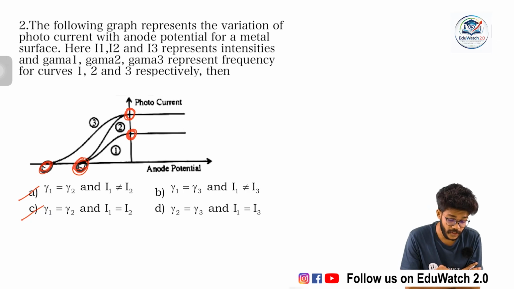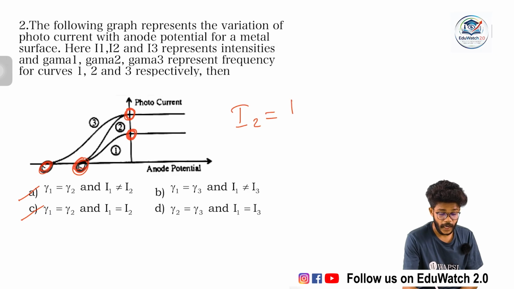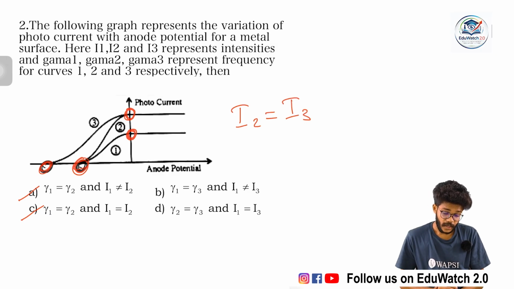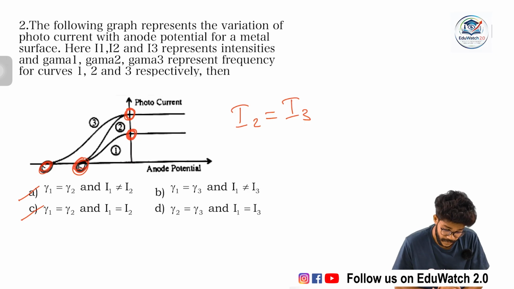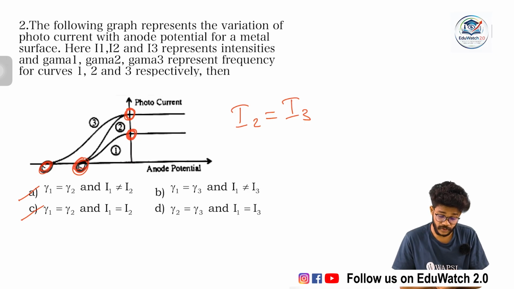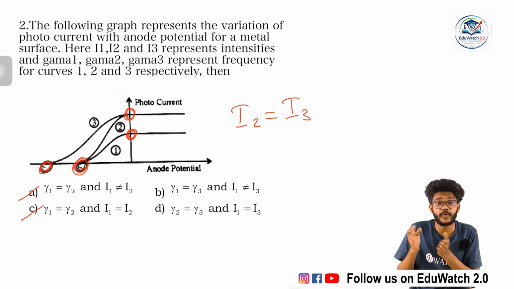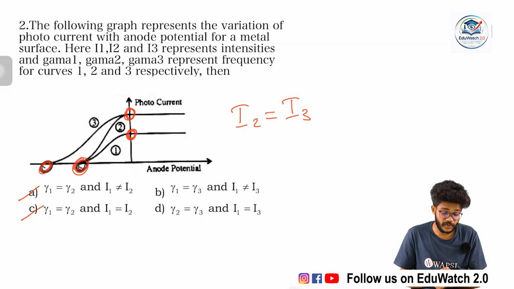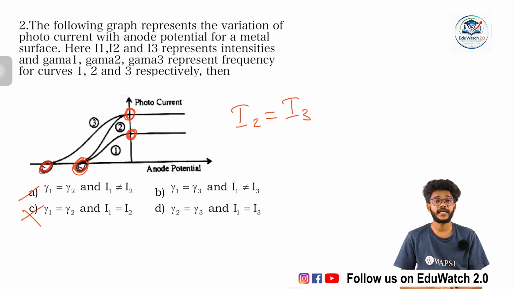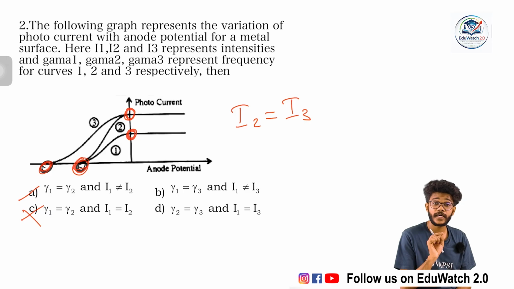So the intensities of 2 and 3 are equal, so I2 equals I3. In the first option, I1 is not equal to I2, and then I2 equals I3, so I1 must not be equal to I2. In the third option, C, I1 is equal to I2, so that must be an incorrect option. So option A is the correct option. I1 is not equal to I2.